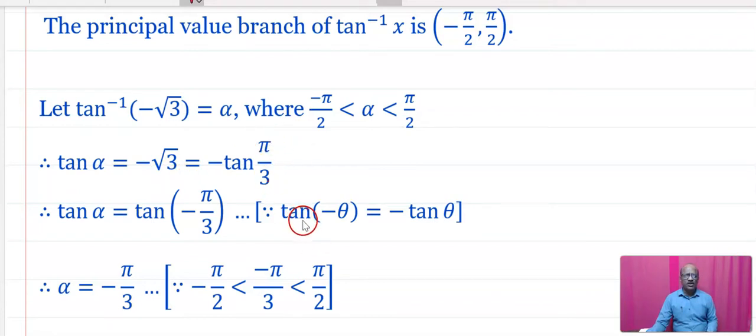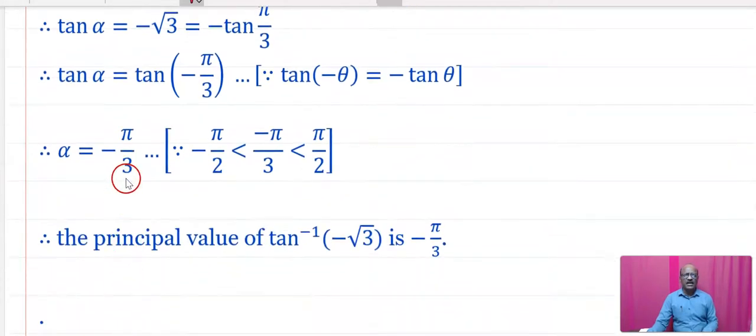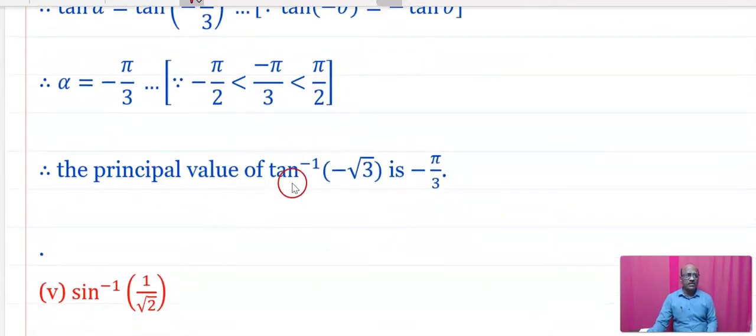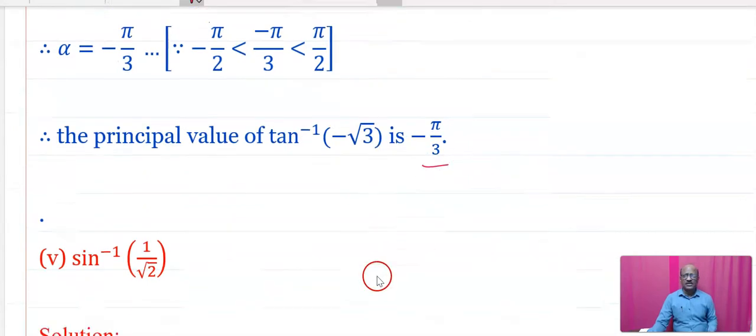Again by the formula, tan of minus theta is equal to minus tan theta. Therefore tan of alpha is equal to tan of minus pi by 3, where alpha is equal to minus pi by 3, and this lies between minus pi by 2 to plus pi by 2. Hence the principal value of tan inverse of minus root 3 is minus pi by 3.